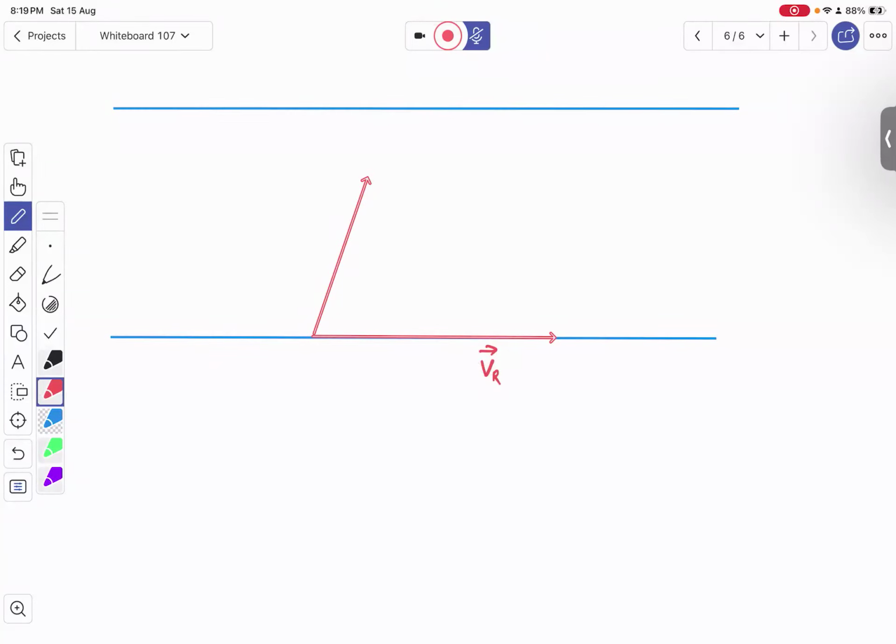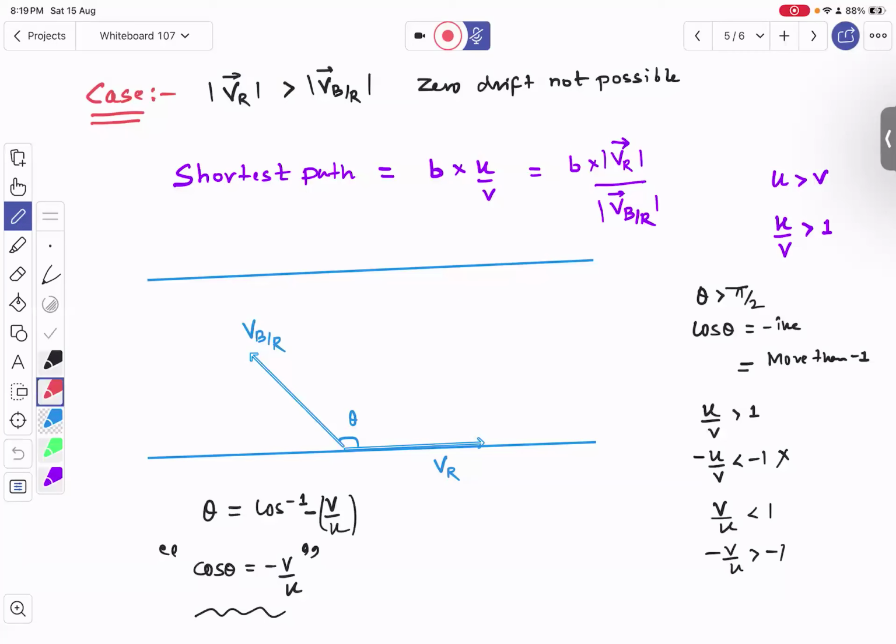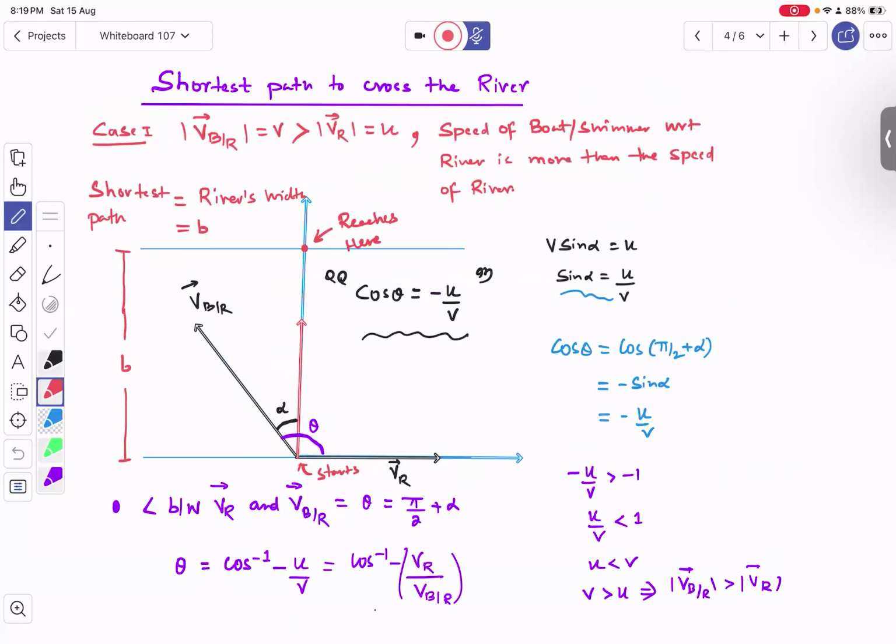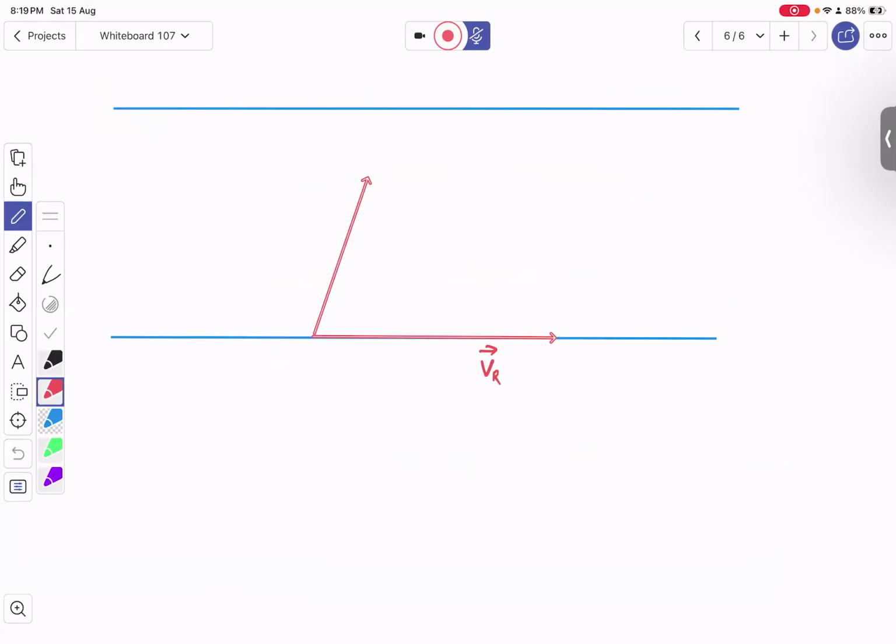And randomly, I don't even know, in both the cases the angle between VR and VBR is obtuse, correct? But I don't know that. We are totally blind to that, so we'll assume whatever we feel like. But the answer will come whatever is correct. So this is the arrow VBR.